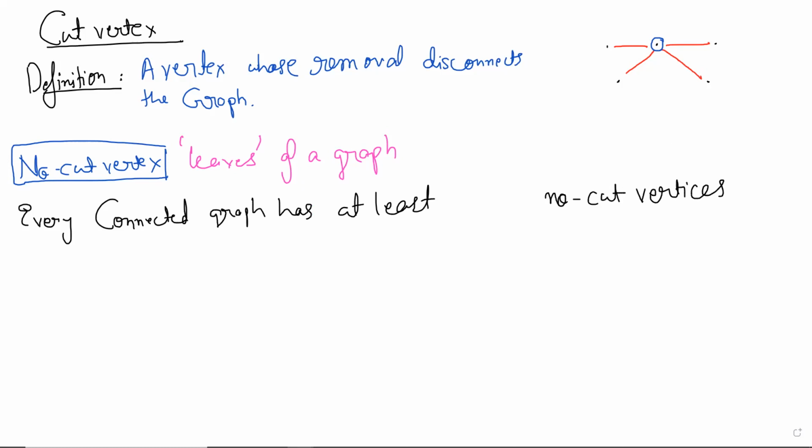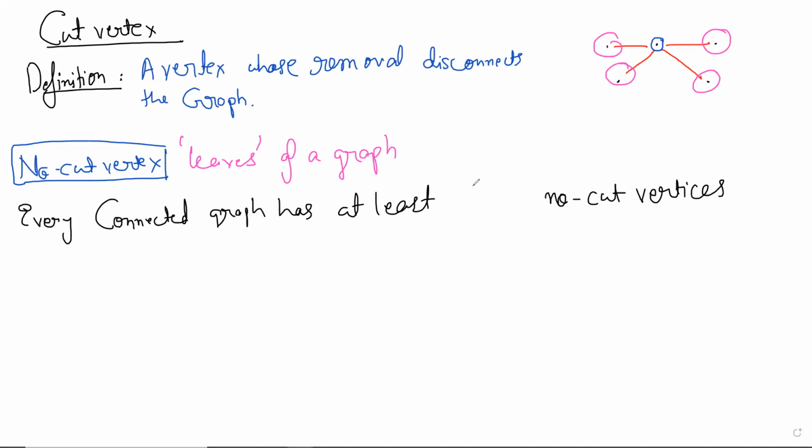No cut vertices are those whose removal does not cut the graph. That's right. It will have at least two.